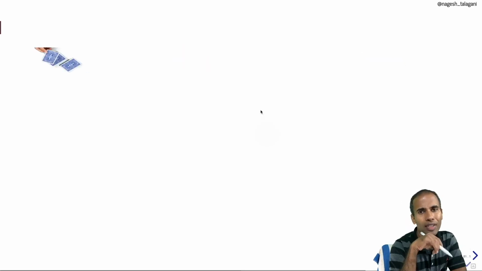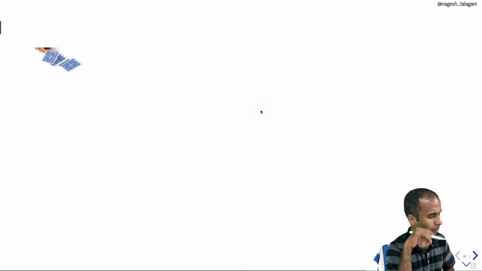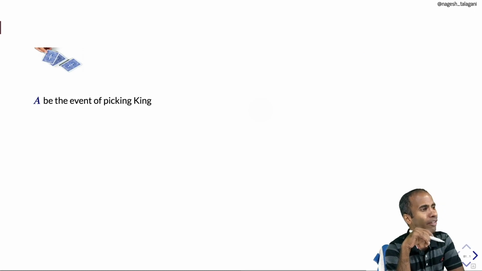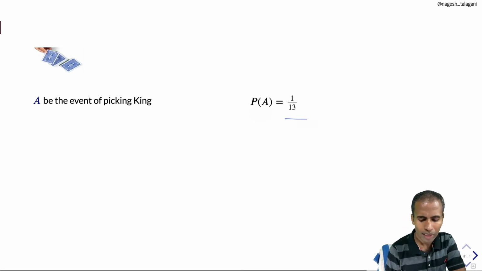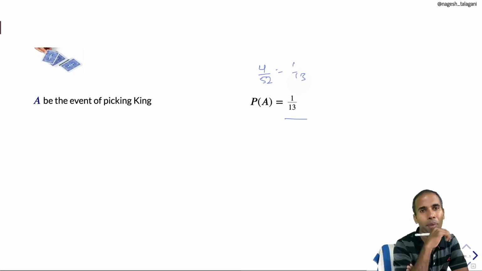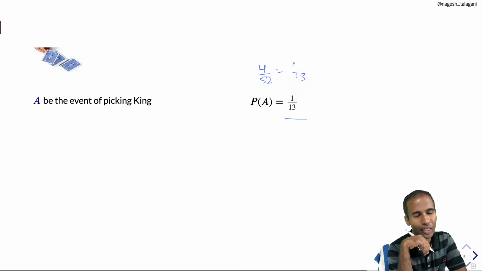Now let us consider a random experiment of picking a card from a well shuffled pack of 52 cards. Let A be the event of picking a king. Then the probability of A is 1 by 13, because there are 4 kings, so 4 by a total of 52 cards. The sample space size is 52 when you pick one card. So the probability of A is 1 by 13.